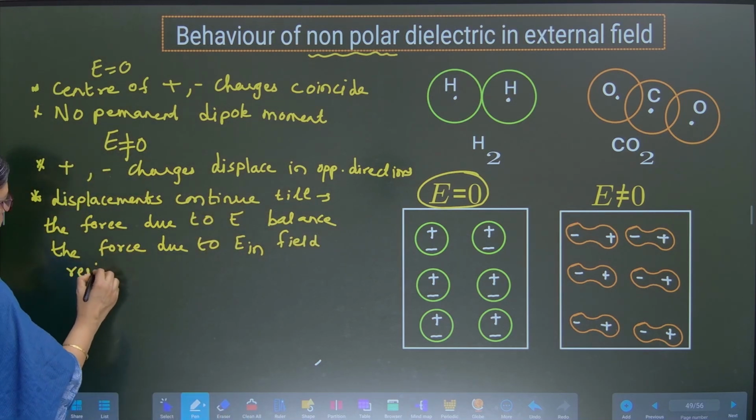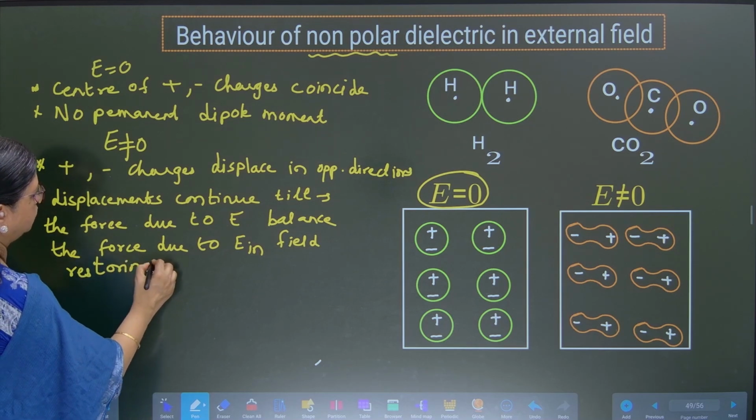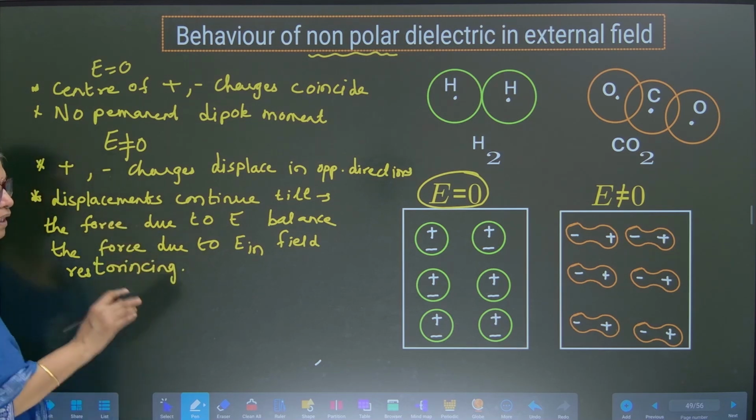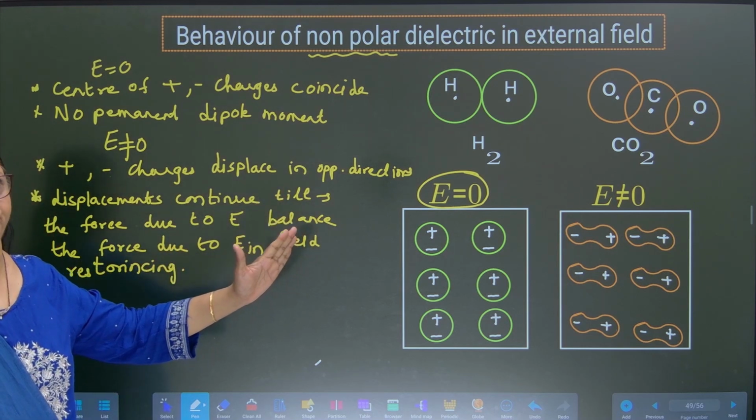Which force is it? The restoring force, which is due to the internal field. They balance each other. Till that time, the displacements will continue.